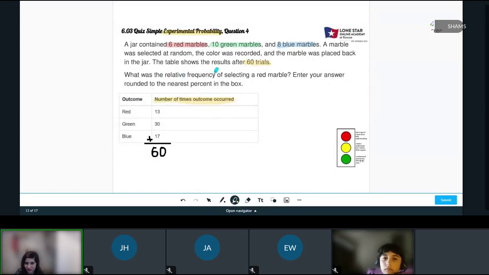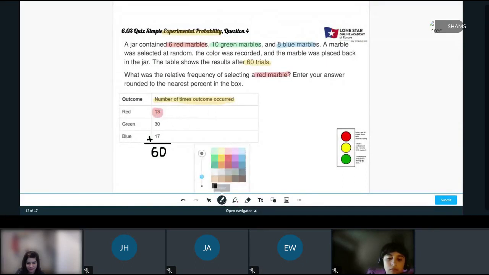What is the relative frequency of selecting a red marble? Okay, they want a red marble. Relative frequency happened 13 times out of 60, right? Okay, it happened 13 times out of 60.